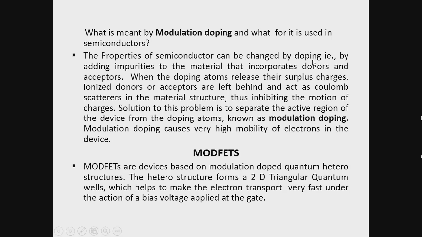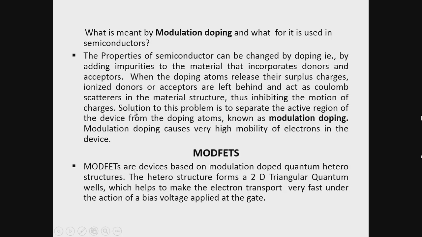Doping is the process of adding impurities to the semiconductor materials in order to make its conduction fast. By adding impurities to the material, that incorporates donors and acceptors. When the doping atoms release their surplus charges, ionized donors or acceptors are left behind and act as Coulomb scatterers in the material structure, which inhibits the motion of the charges.